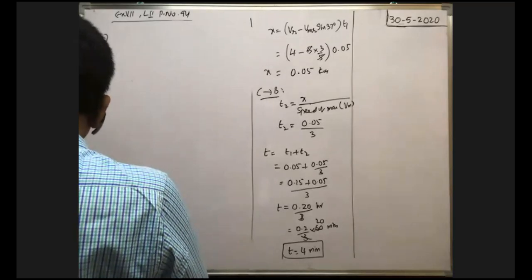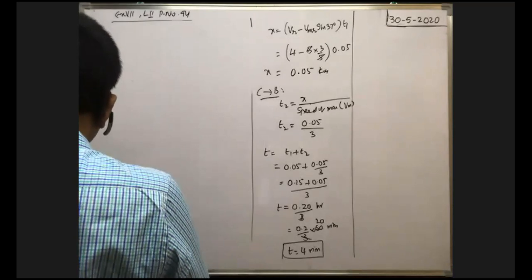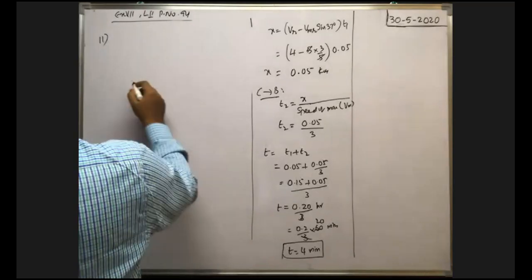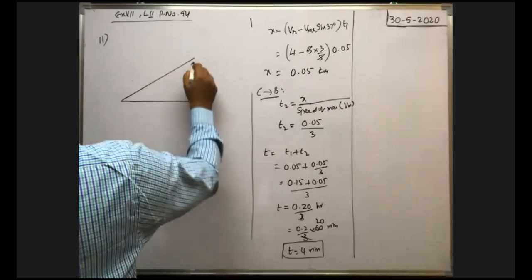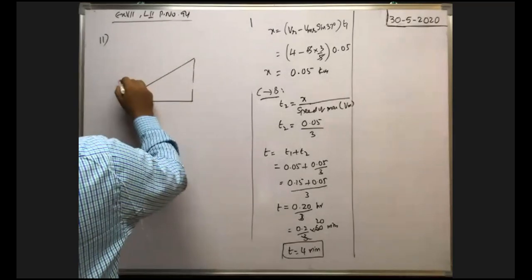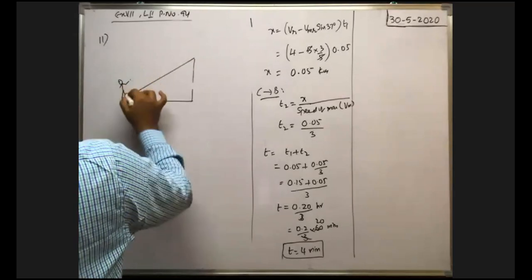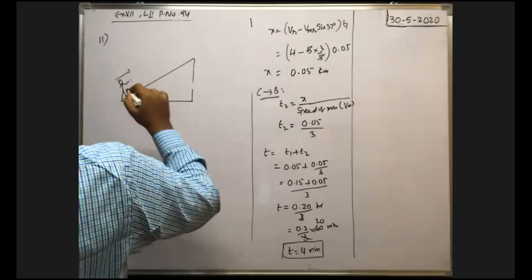The velocity vector of the man with respect to the earth is 2i cap plus 3j cap meter per second. If the man starts running down the hill, generally the hill is along an inclined plane, like an inclined surface. It is like this, it is the hill. One man running upwards like this, the velocity of the man.